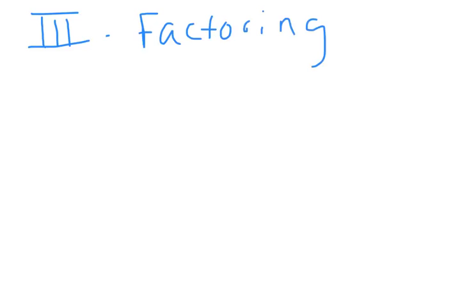So what I want to do now is go to the third part where I'm factoring the easy trinomials. By the way, guys, there are 2 types of trinomials we're going to factor, but I'm starting off with the easy ones. Let me show you the difference between easy and hard.